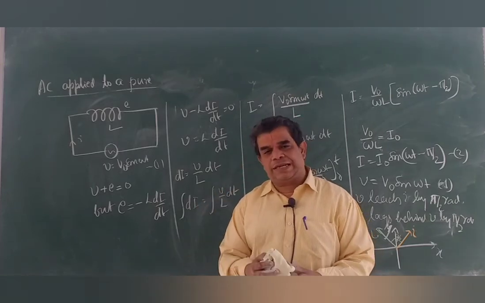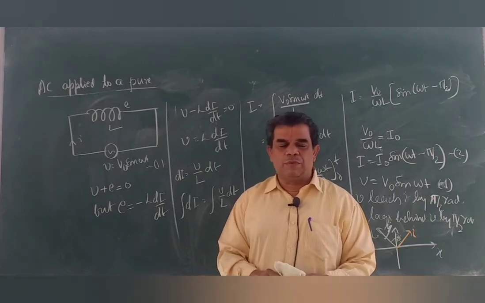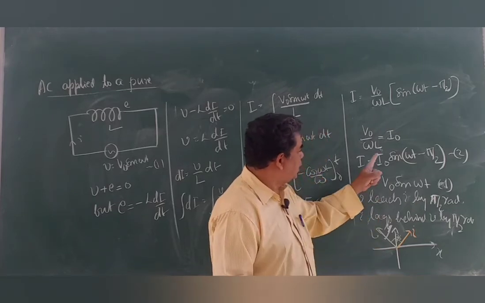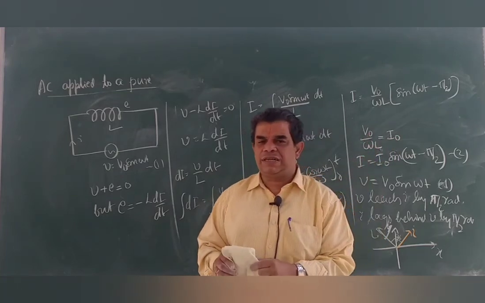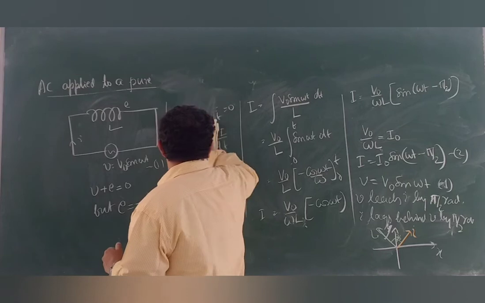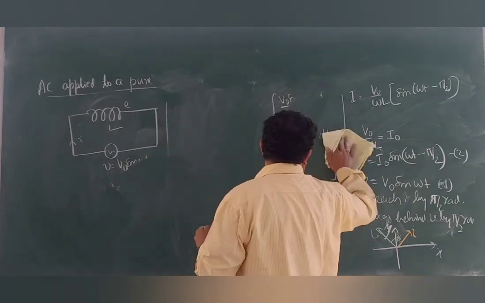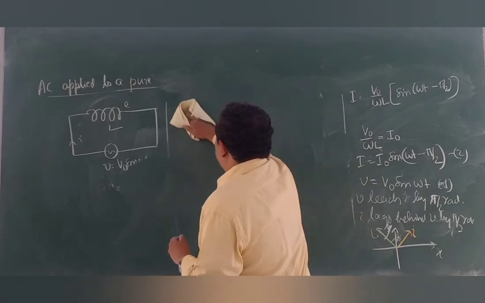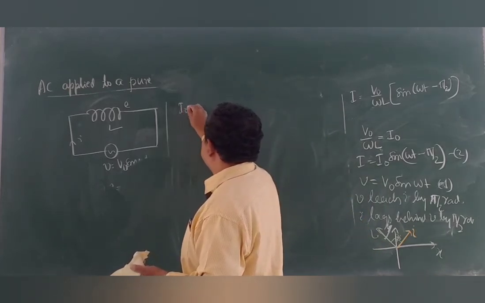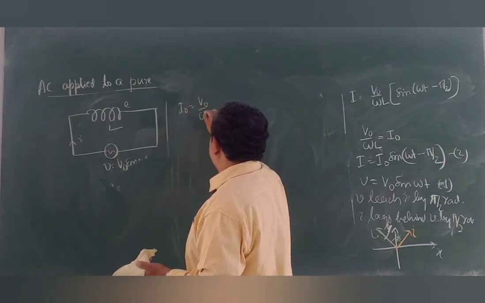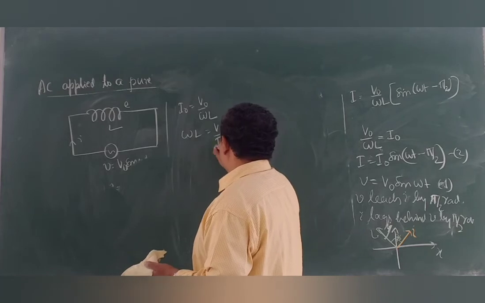With these basic ideas, now we proceed on to one more idea in this inductance. Observe, I naught equals V naught by omega L. We think over that and we go for the idea now. I take this: I naught is V naught by omega L, or omega L is V naught by I naught.